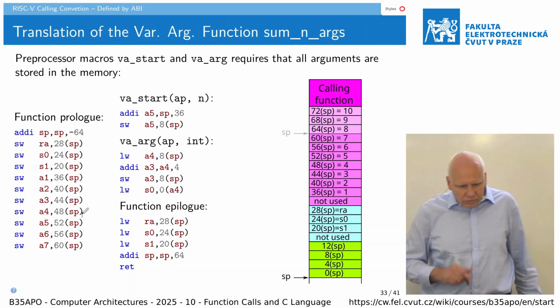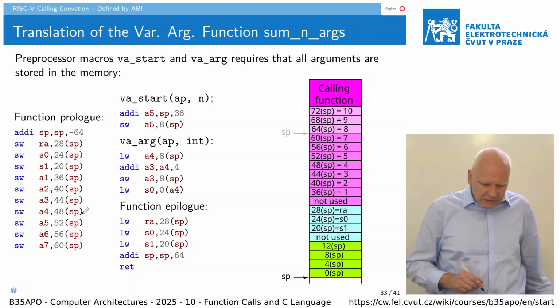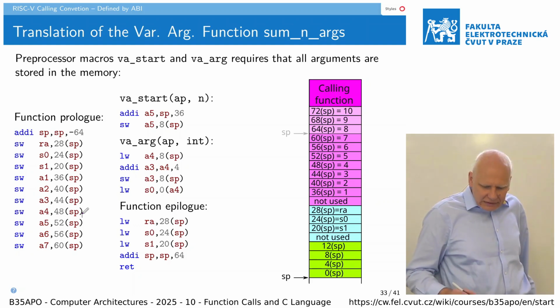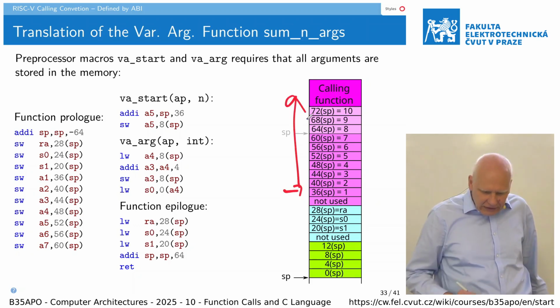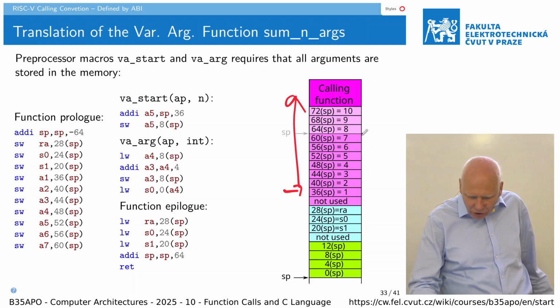So if we look at what happens in this case, to allow easy iteration over the arguments, it is solved by RISC-V and the GCC compiler in such a way that it stores those arguments.